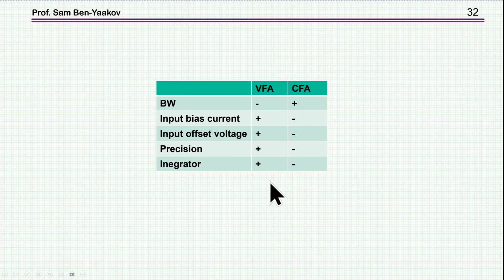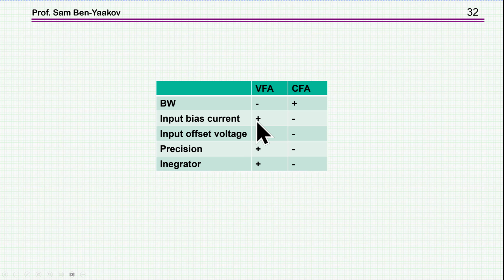So comparing the VFA to the CFA, we can say that the major benefit of the CFA is that it has a much higher bandwidth, and we are removing the restriction that the gain bandwidth product is constant. However, the VFA is better in terms of the bias current, of course.